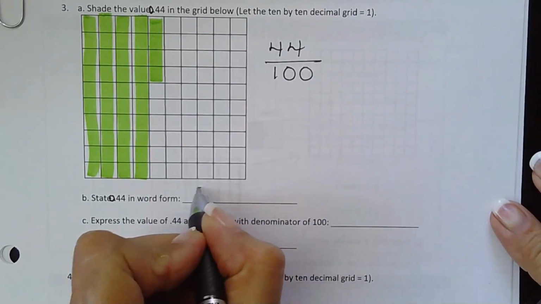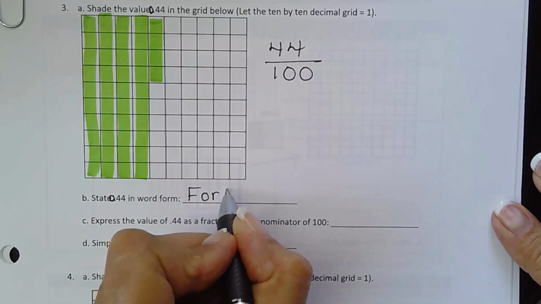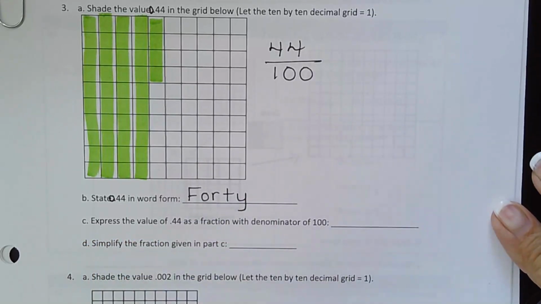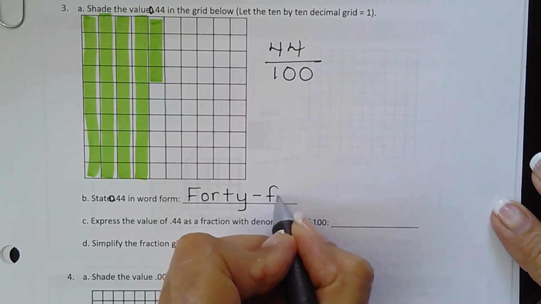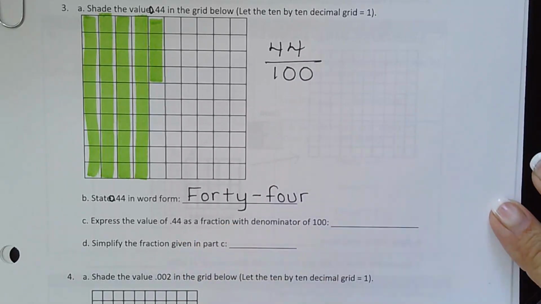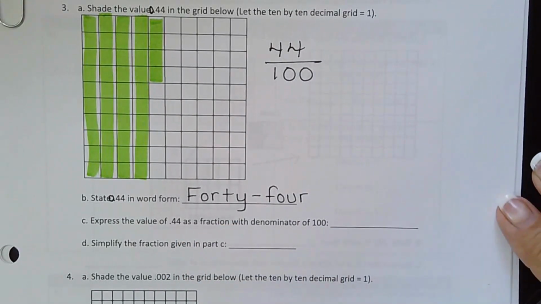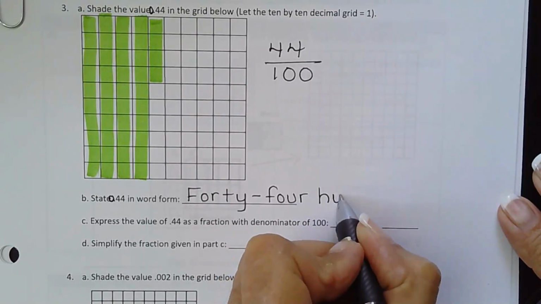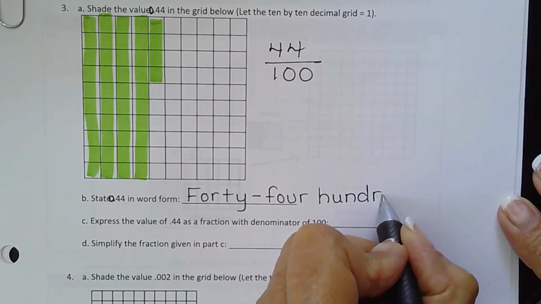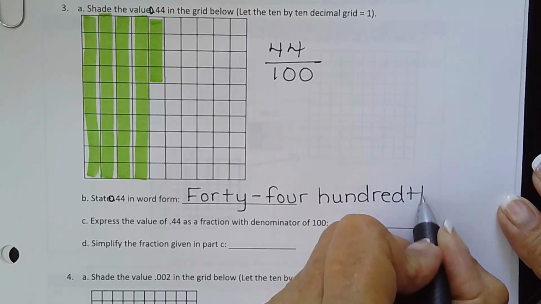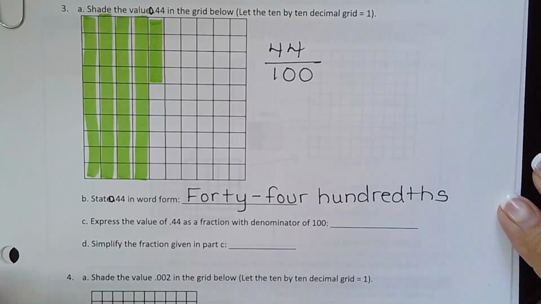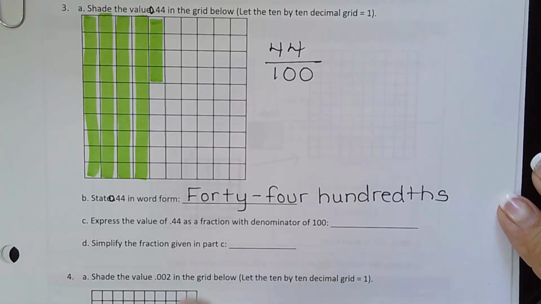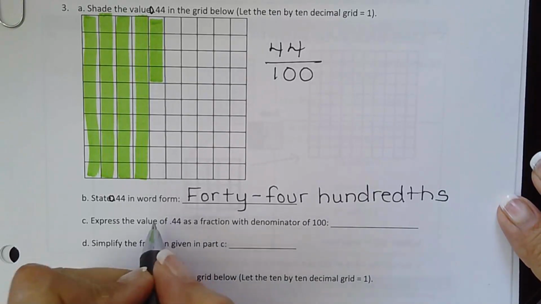So 44, and did you guys know 40 doesn't have a U in it? 44 is hyphenated because it's between 21 and 99. So you write the number 44 and then you write the word hundred with a THS. 44 hundredths.